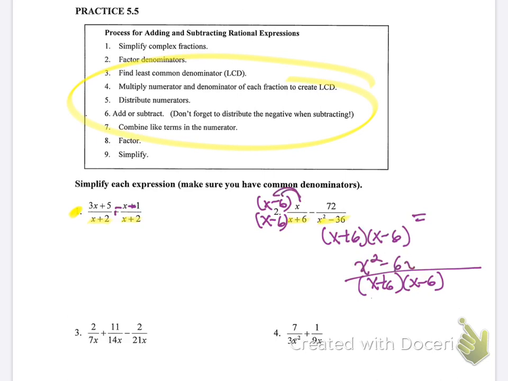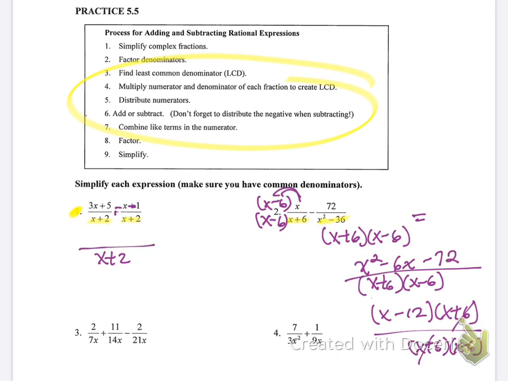X squared minus 6x minus 72. All right, and then the reason I wanted to look at this one is because this one is tricky. That does factor. It's going to factor to x minus 12 and x plus 6. So then your x plus 6's cancel, and you're just left with x minus 12, x minus 6. Okay?